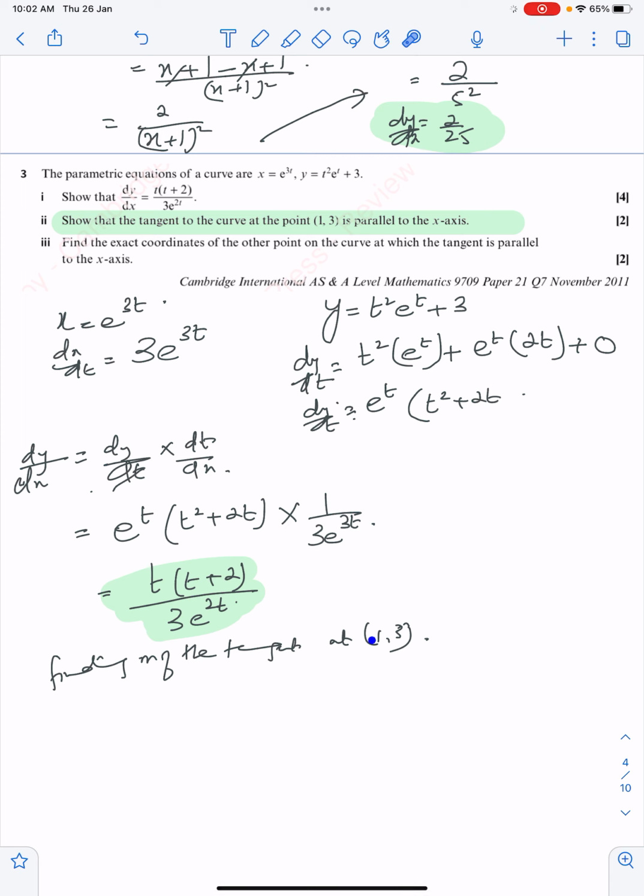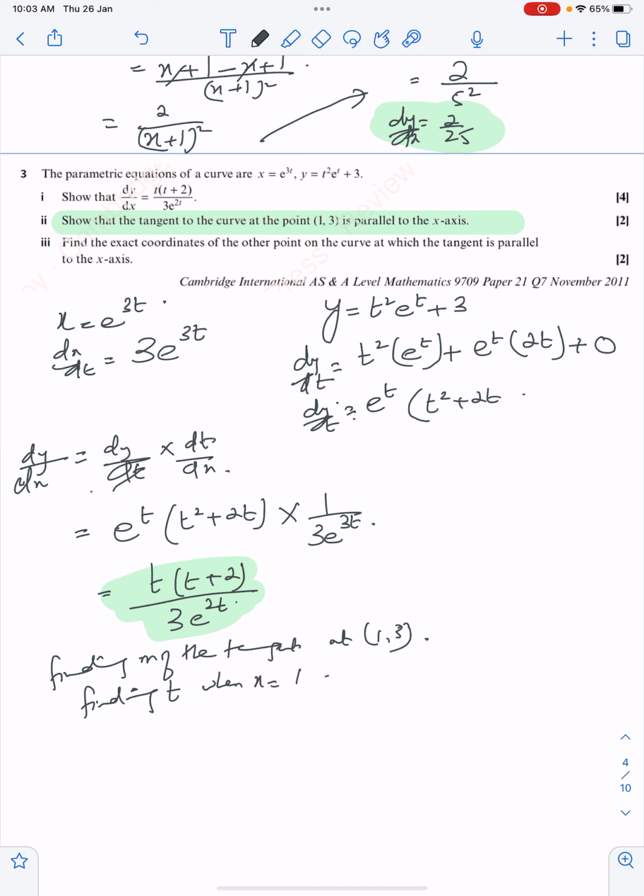Okay, we know the value of x and the value of y. Let's plug it into this and get the value of t first, and then plug t into this equation for dy by dx.